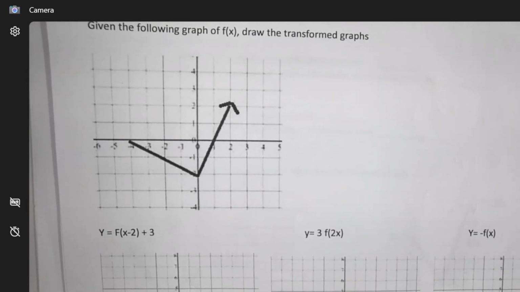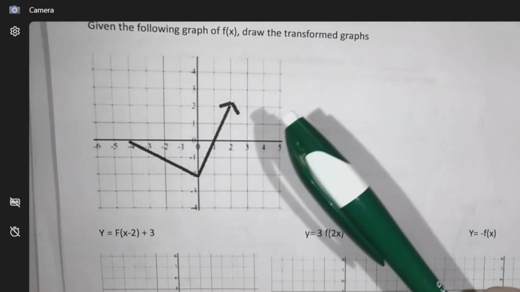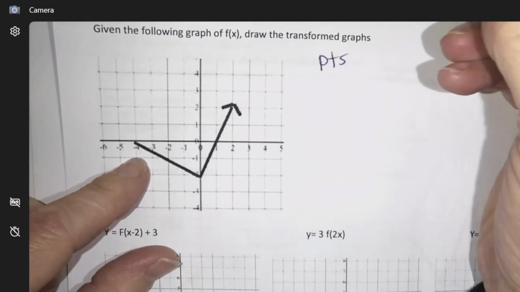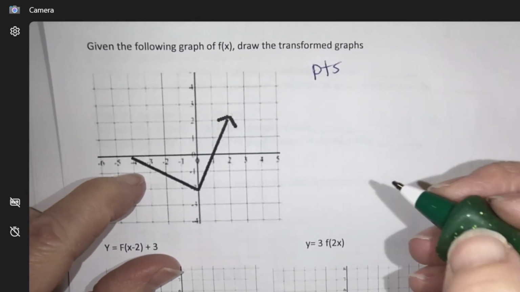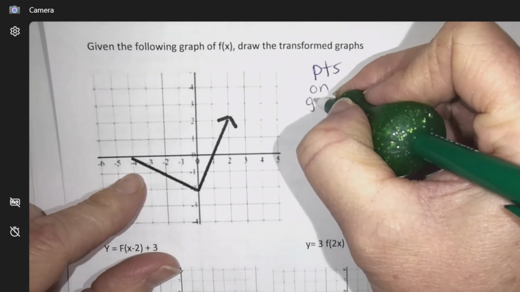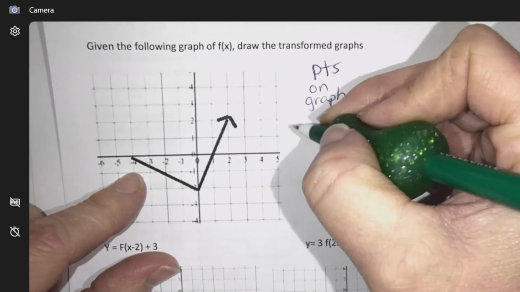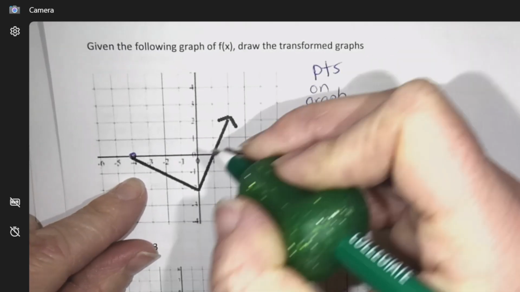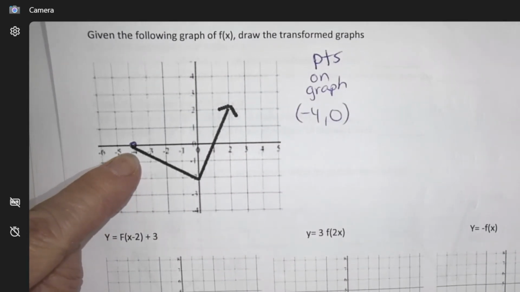This is kind of like a test question where I give you a graph and you're going to have to change your graph. So let's take some points on our graph. I'm going to do the first coordinate over here, -4, 0.